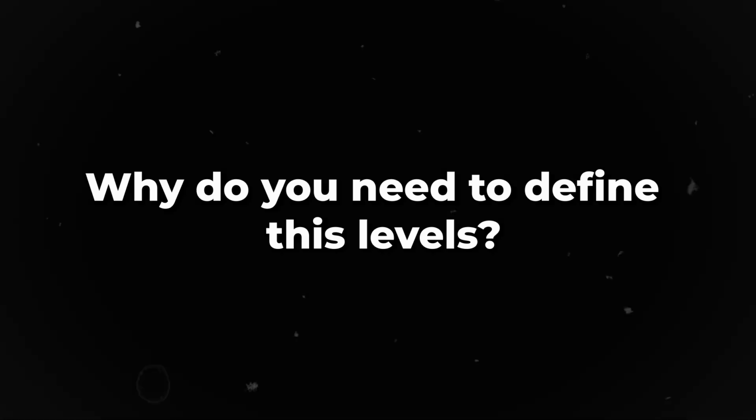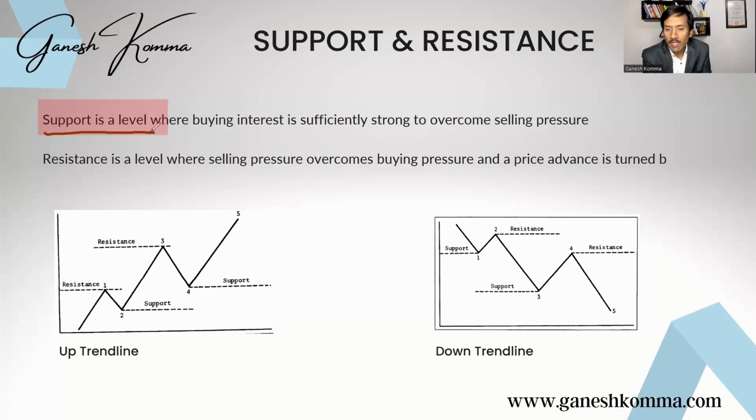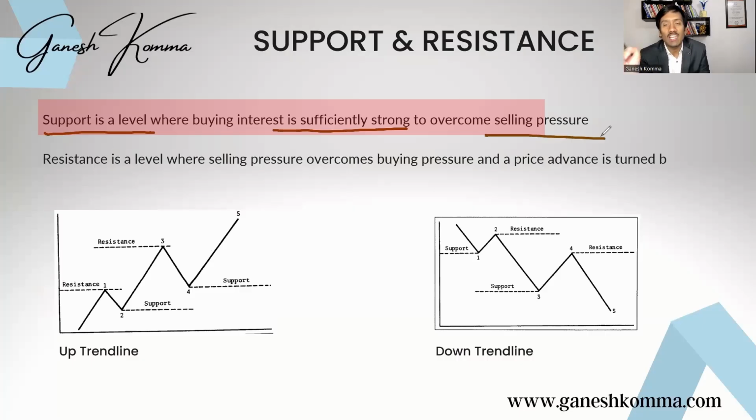And why do you need to define these levels? Support is a level where buying interest is sufficiently strong to overcome the selling pressure. So why should we know this? Listen to this very carefully. Support is a level where buying is sufficiently strong to overcome selling pressure.